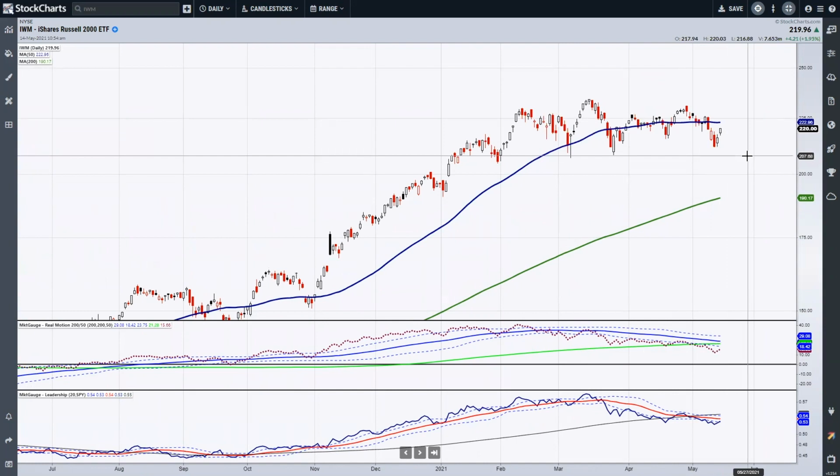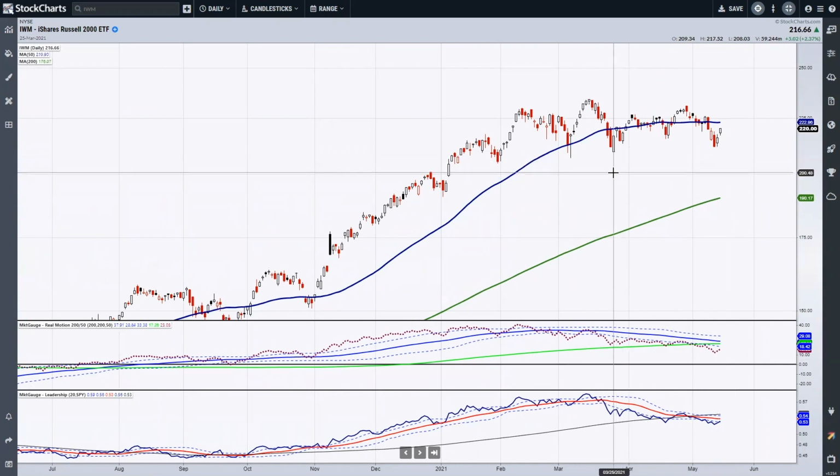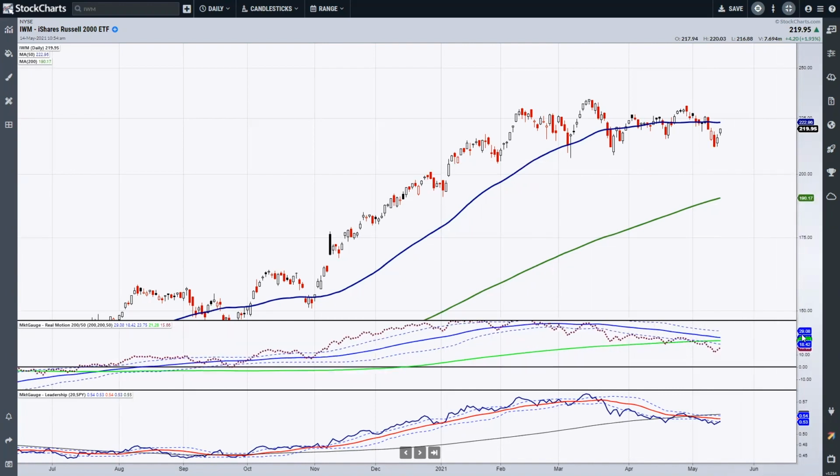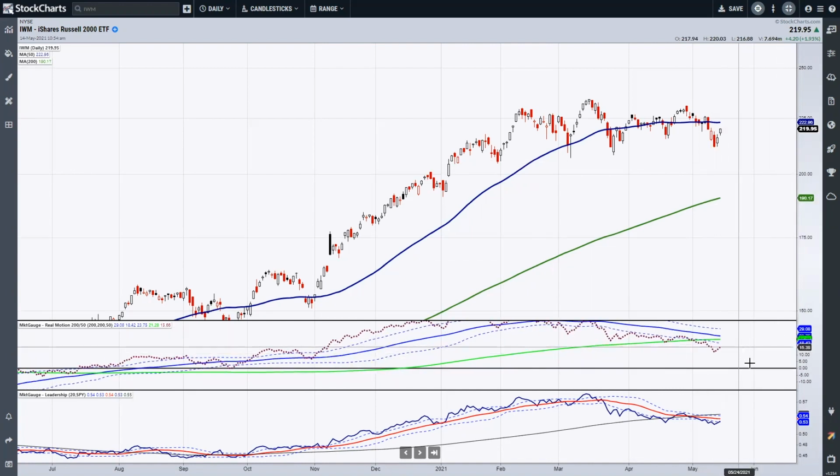So that's a positive. Then, of course, we could see that at the March low here, which was even further down here at 208, we didn't even get anywhere near there, with the low this week coming in at 211.54. That was a couple of days ago. So at this point now, we can say that looking at the momentum indicators, although the momentum is starting to come back, we're still not necessarily out of the woods.